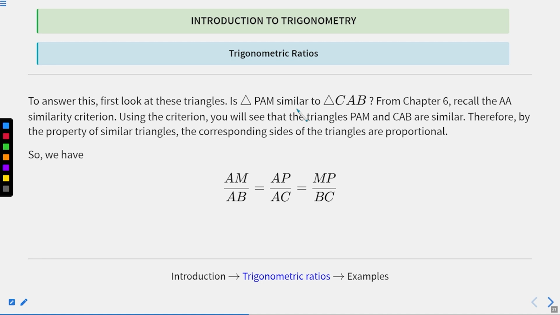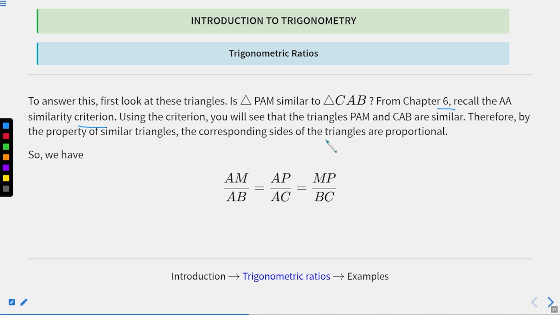So from chapter 6, recall the angle similarity criteria. Using the criteria, you will see that triangle PAM and triangle CAB are similar triangles.